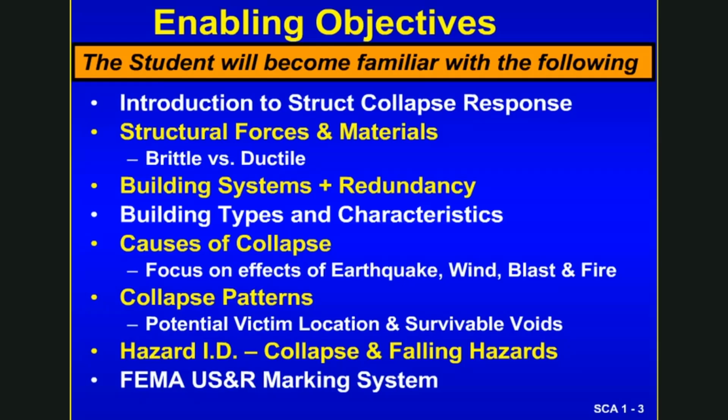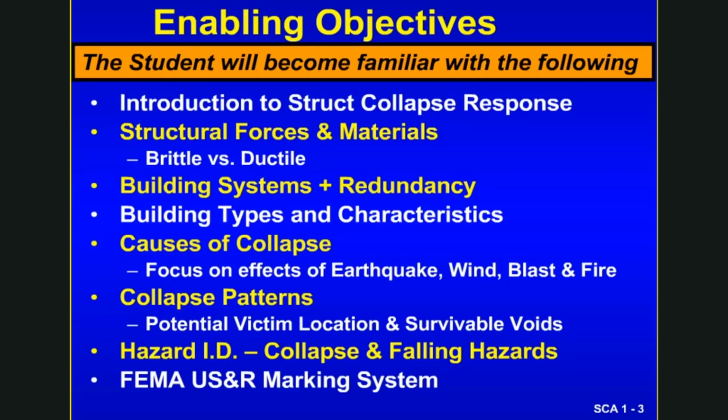And then we'll talk about collapse patterns, where the engineering part of collapse patterns is to figure out where the building's going to go and how they have collapsed historically. But for this presentation, we really want to focus on potential victim location and give you some idea of what survivable voids look like.